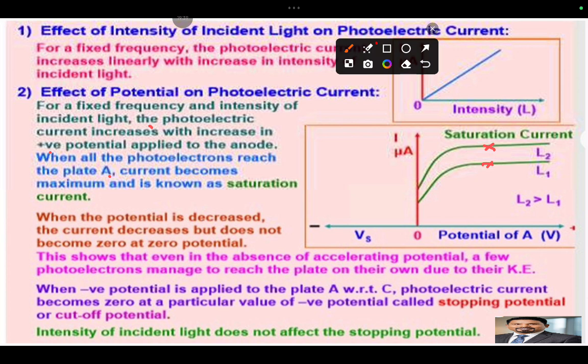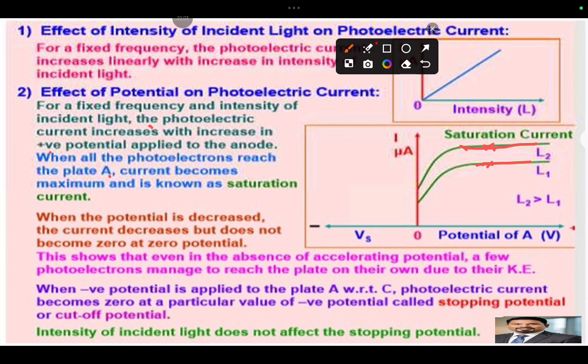Then at a certain position, at an instant, that current is maximum, thereafter there is no increase in current, and that level we call saturation current. So this stable curve we call the saturation point.